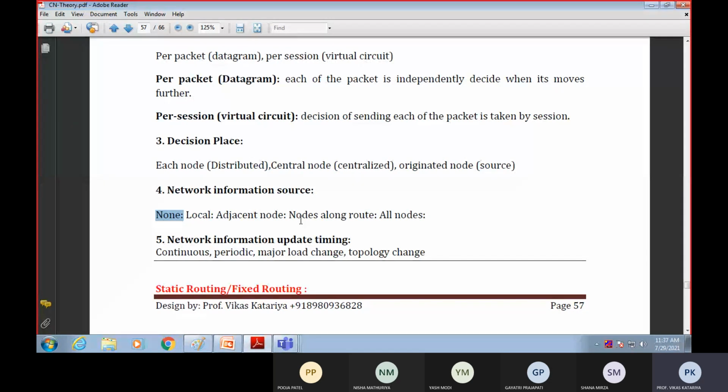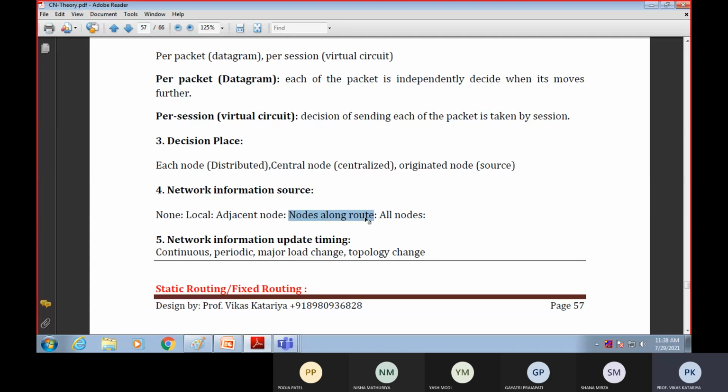It cannot. Local or adjacent information means it just contains the information about the neighbors, the directly connected nodes. Suppose 1 is connected to 2 and 1 is connected to 3. So in the routing table of 1, there is only information about node 2 and node 3. This is called an adjacent node, or you can say a neighbor node.